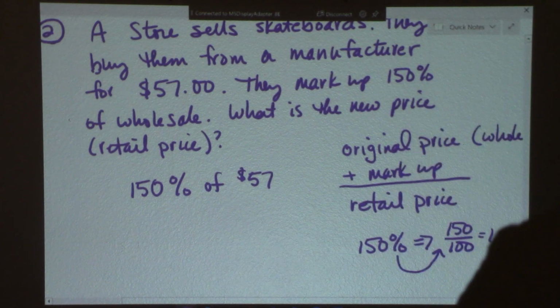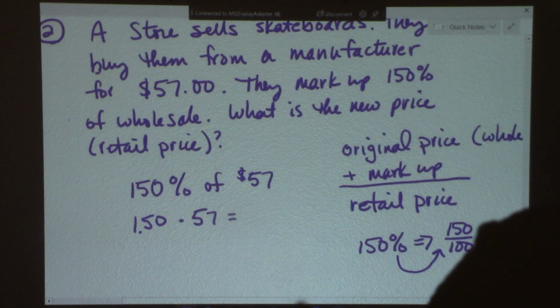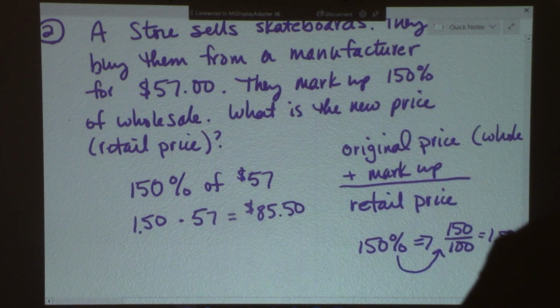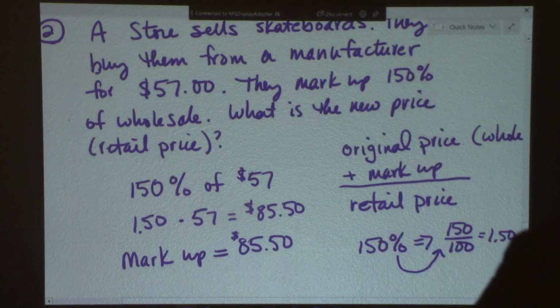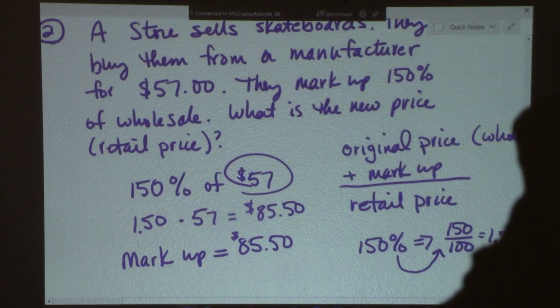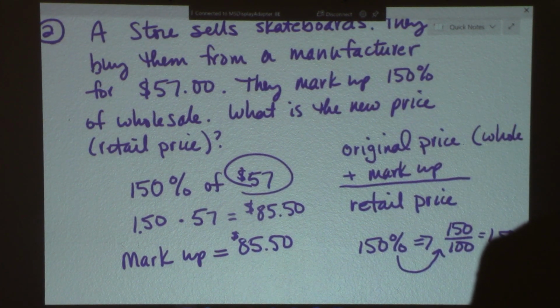So I'm moving my decimal over 2 places, and I am taking away the percent symbol. Now I'm going to multiply by 57. So 1.50 times 57 gives me, I'll just tell you, $85.50. So that is the markup. So the markup amount is $85.50. So they make it for $57, and $85.50 is added to the price before they sell it to us.